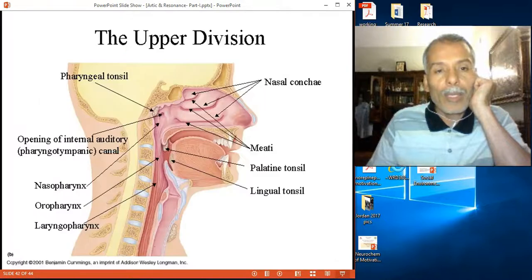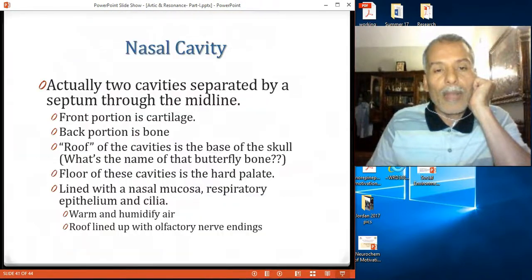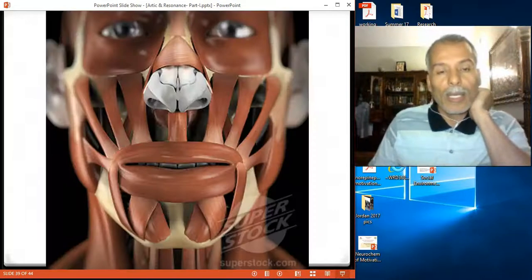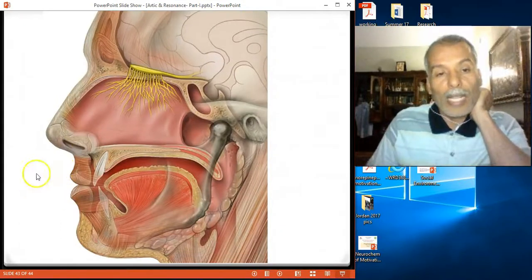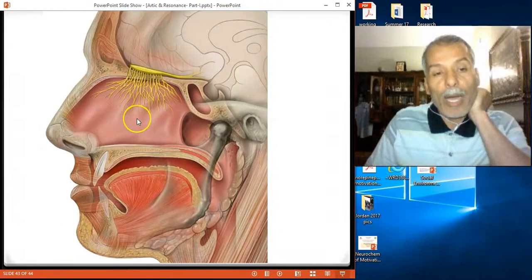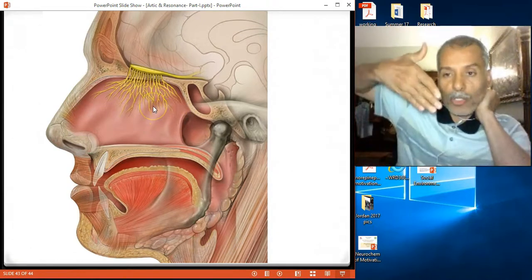The nasal cavity, basically, let me discuss it with the image. It has two chambers made by the vomer bone, like a plow-shaped bone.